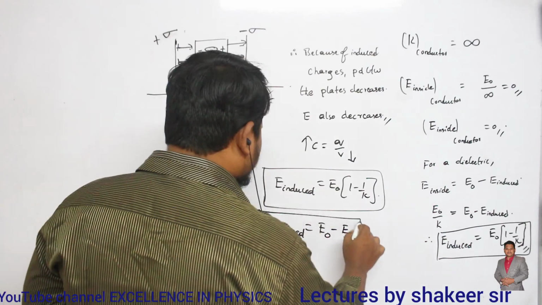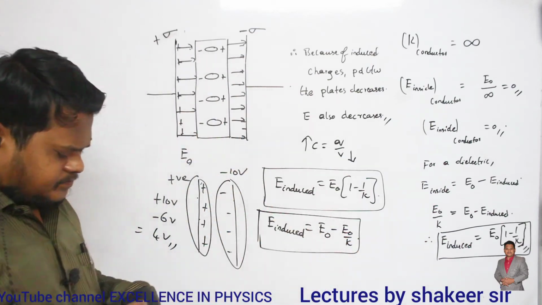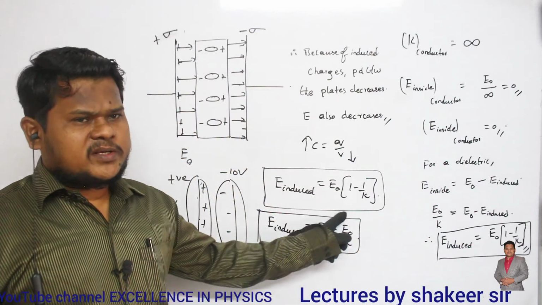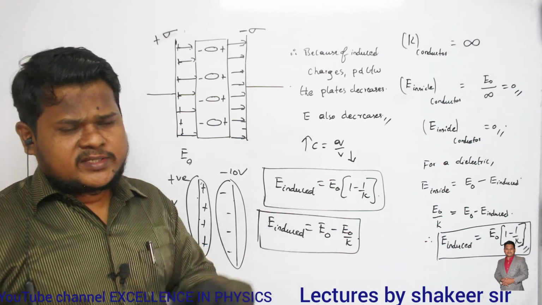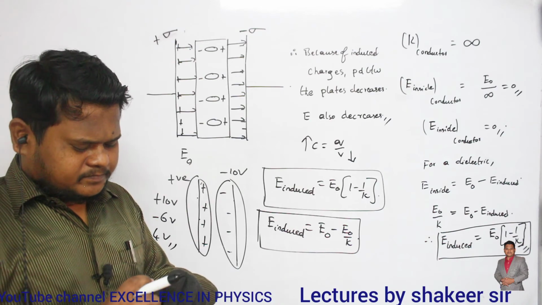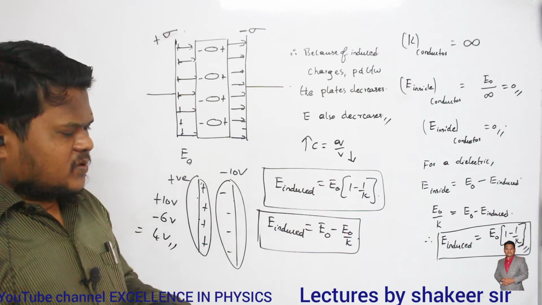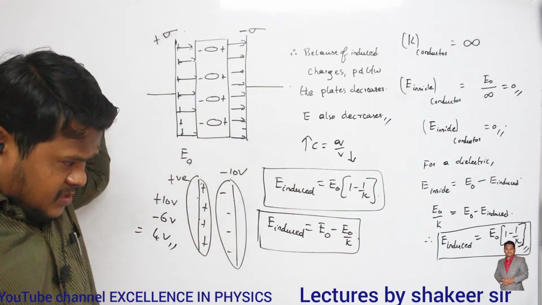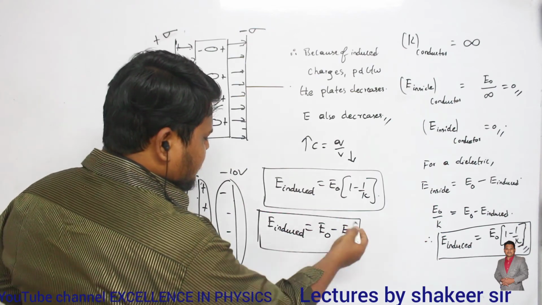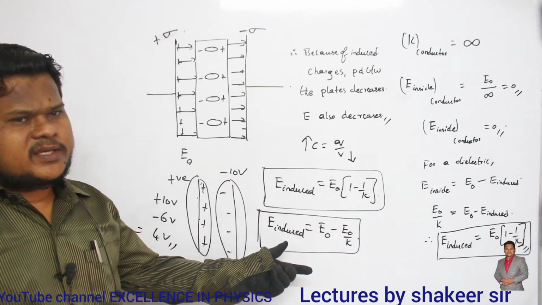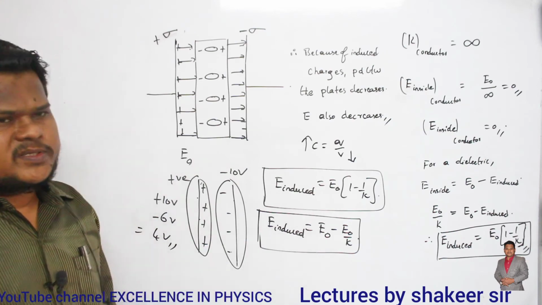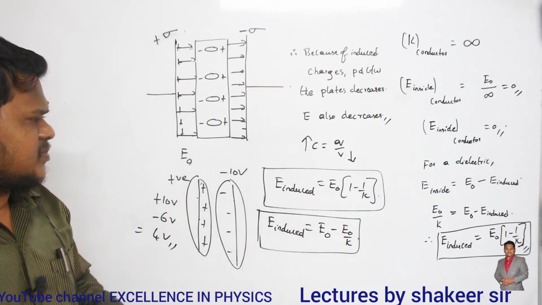So total electric field, is it increasing or decreasing, ma? E naught minus E naught by K means total electric field induced. Is it increasing or decreasing? What can you say? Decreasing, no? Because E naught minus E naught divided by K. So induced electric field is definitely less than the electric field which is present outside the capacitor. Are you able to understand, ma?